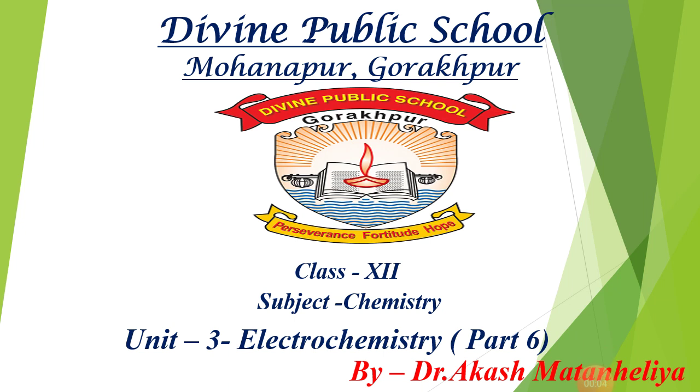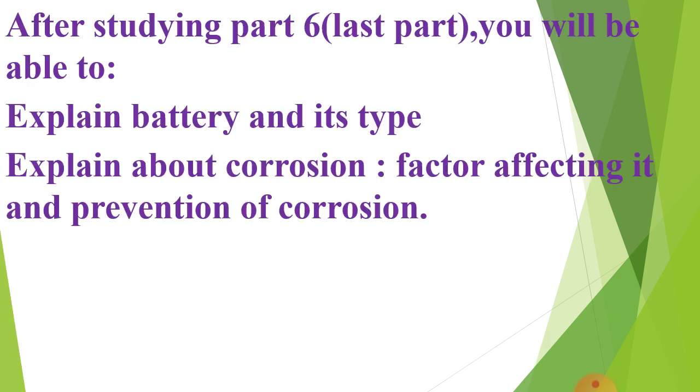Today I will discuss the last part of Unit 3, Electrochemistry, that is Part 6. After studying Part 6, you will be able to explain battery and its types, that is primary battery and secondary battery.